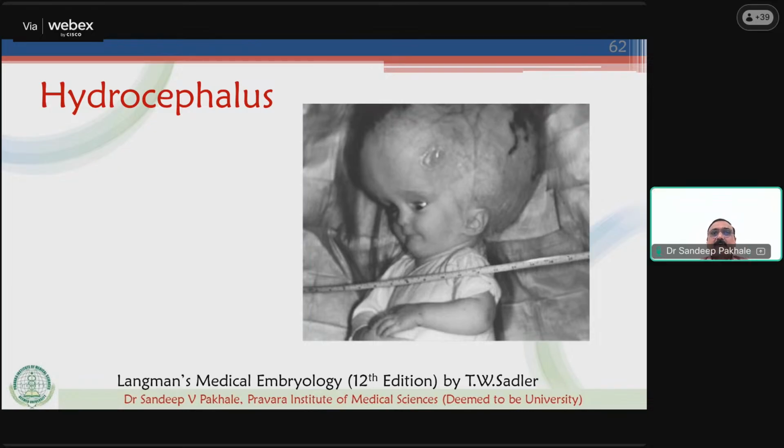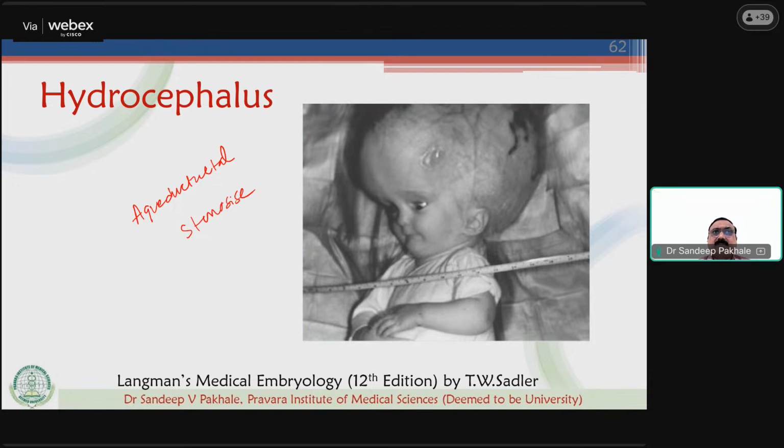Hydrocephalus refers to abnormal accumulation of cerebrospinal fluid within the ventricular system, leading to ventricular dilatation. It may result from obstruction to CSF flow, that is non-communicating, or impaired absorption, communicating hydrocephalus. The common developmental causes include aqueductal stenosis and malformations like Arnold-Chiari, which we saw, which block the normal CSF pathway.